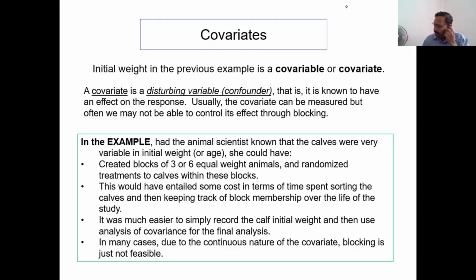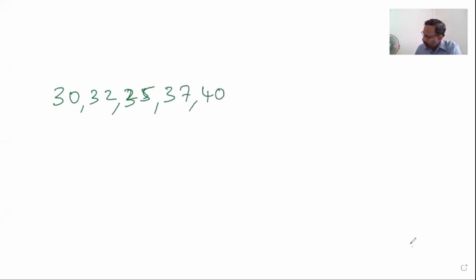What is that way? For example, we have 30 calves. We can put the calves in ascending order. Let's say we start with some kilograms: 30 kilograms, 32, 35. This is the lowest value. Likewise 37, 40. These are very high values.